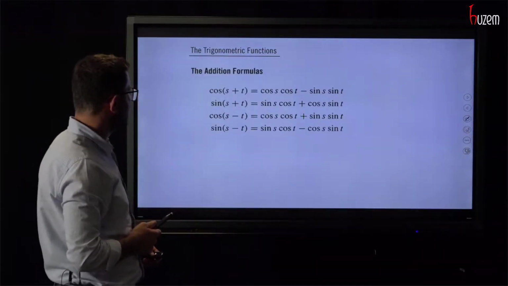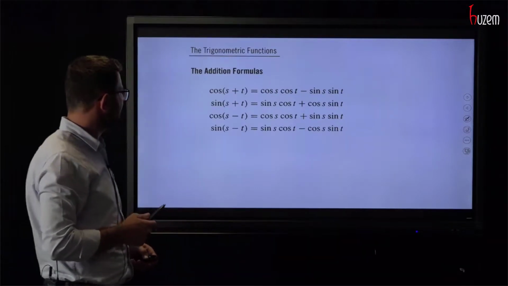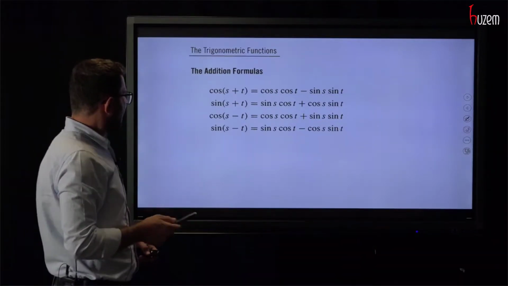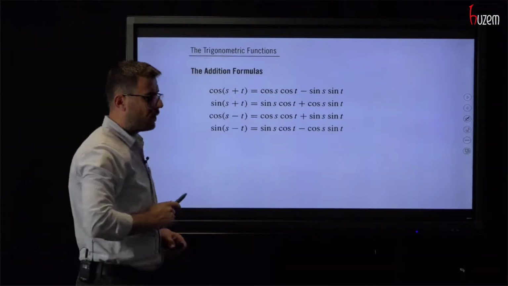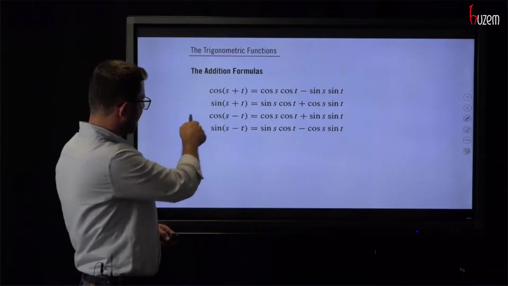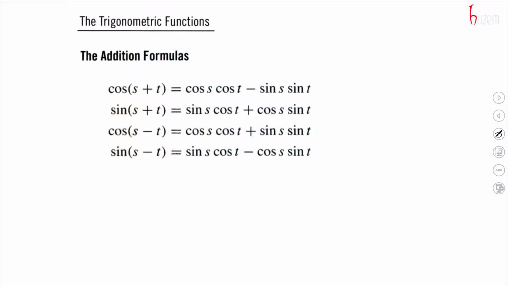Some trigonometric identities. Addition formulas first. If we have cosine of the sum s plus t, then it will be equal to cosine of the first times cosine of the second minus sine of the first times sine of the second. Similarly, you can read the other formulas as well.